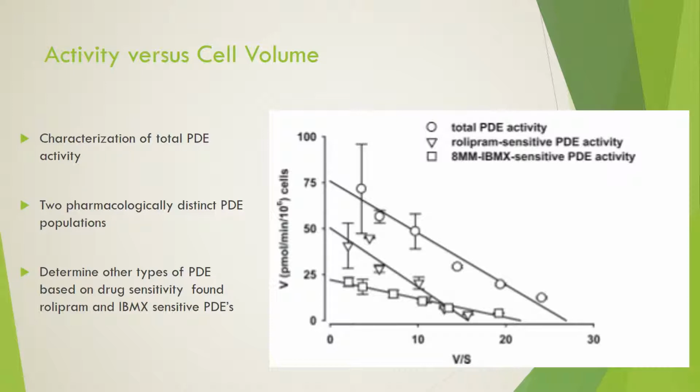This shows that a decrease in volume has an increase in activity because it is becoming more concentrated. And so in reverse, a larger volume has a smaller activity of PDE.